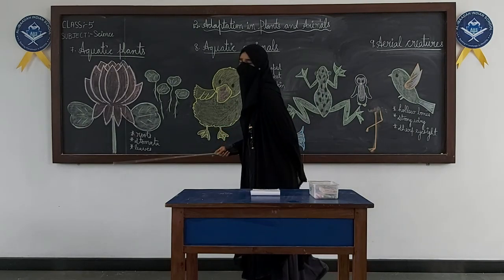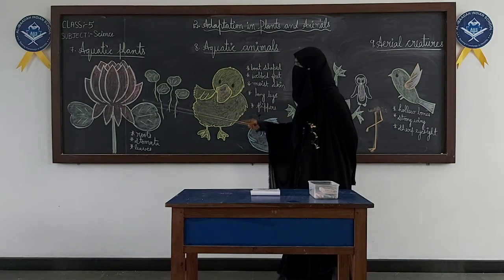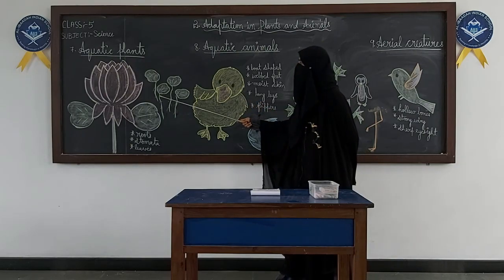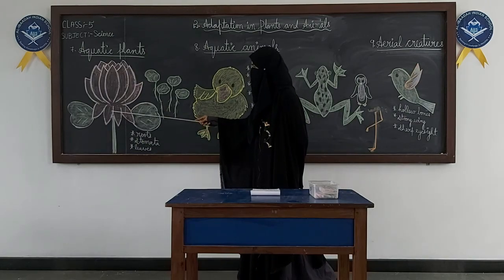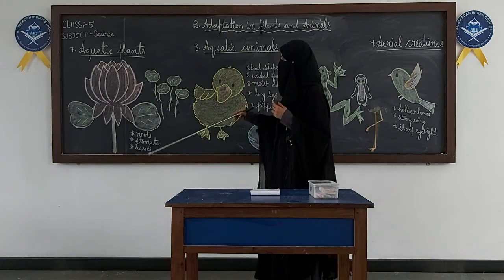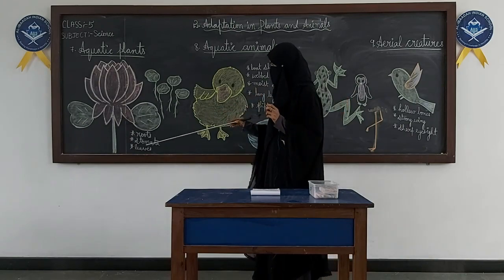It is because when the water flows, it will be easy for them to flow along with it. But the stem of water lily and lotus is attached to the bottom. It doesn't float along with the river.